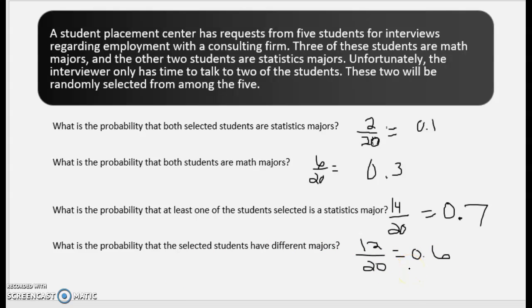That's the complement part to that. And you would end up getting the same answer, 12/20ths, which would be 0.6. So again, you could take 1 minus 8/20ths, or 20/20ths minus 8/20ths to get 12/20ths, or 0.6, using the complement method.